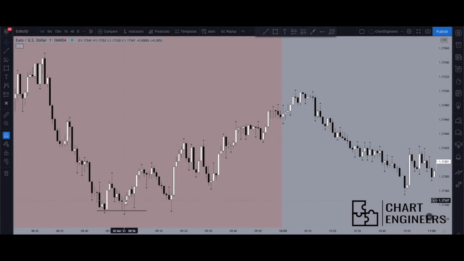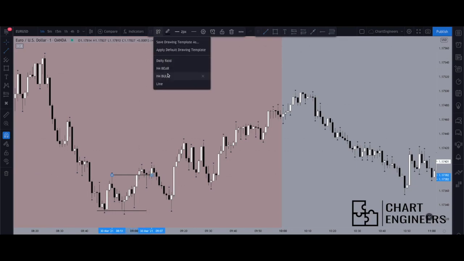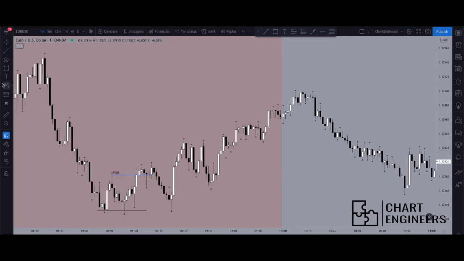So you have your raid over here at 8:56, so 9 AM is when the M5 closes. Then just want to mark out your market structure break. So here's your market structure break, and here's your breaker zone.